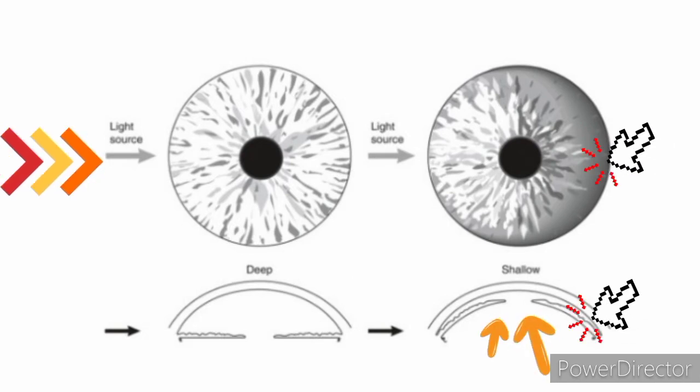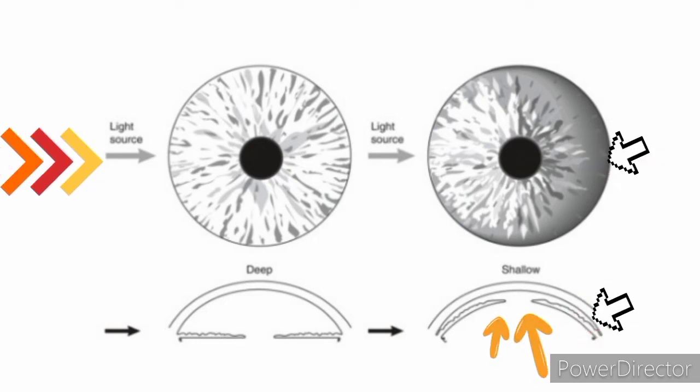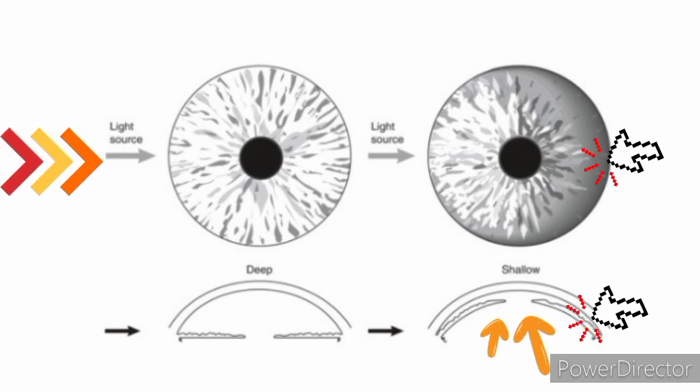If you see shadowing on the nasal side of the iris, this indicates that the iris is bent forward and the anterior chamber is pushed forward, represented by the orange arrow below, thus indicating an acute angle closure glaucoma.